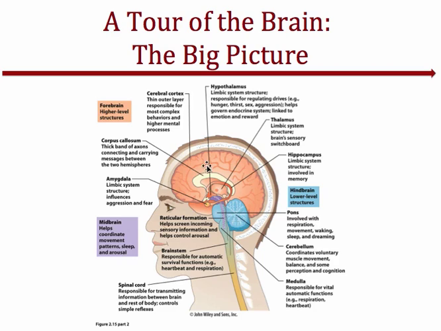So there needs to be communication between this structure that's helping us coordinate those movements and these structures up here that are helping us to initiate those movements. The pons is also involved in things like respiration, as well as waking, sleep, and appears to be particularly active during dreaming.